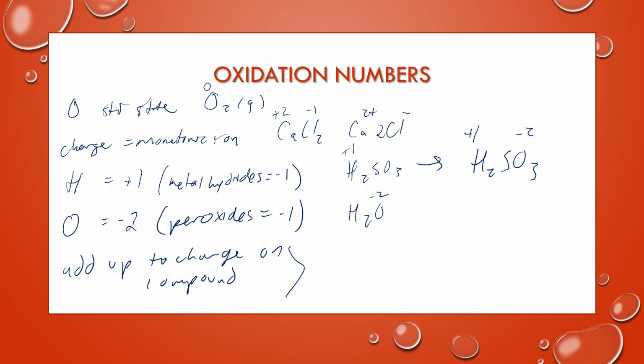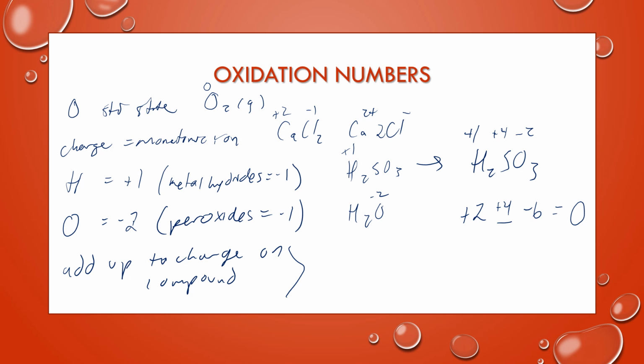There are 2 hydrogens, so that's a +2 total, and 3 oxygens, so -6. The sulfur has to be something that'll make the whole total add up to 0, so the sulfur must be +4. So anything that doesn't fall into one of the other rules, you can figure out by making sure they all add up to the charge on the compound.